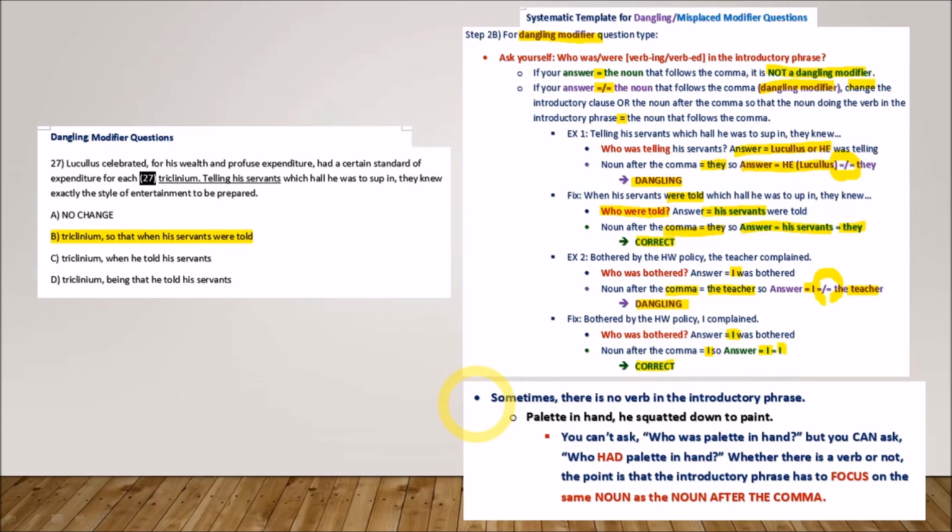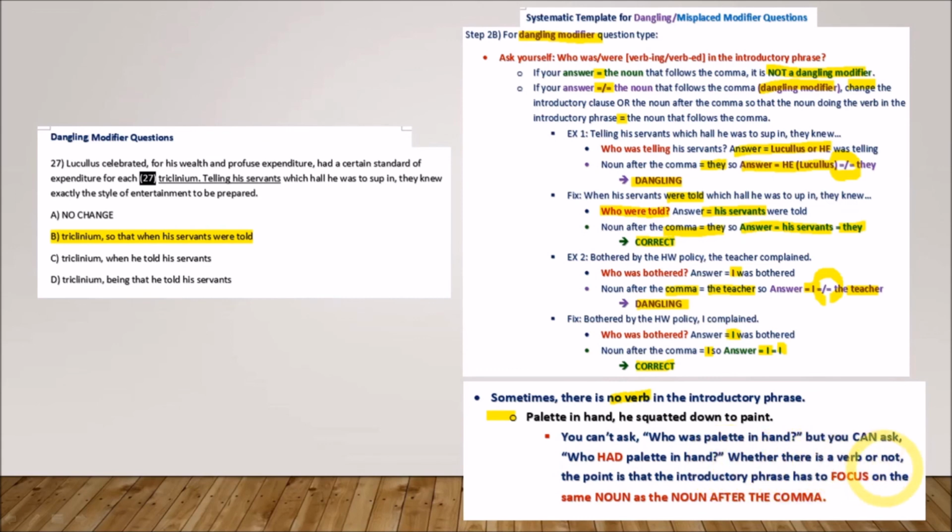Now, sometimes there is no verb in the introductory phrase. Consider this example. "Palette in hand, he squatted down to paint." You can't ask, who was palette in hand, as we've been doing for present and past participle introductory clauses, but you can ask, who had the palette in hand?